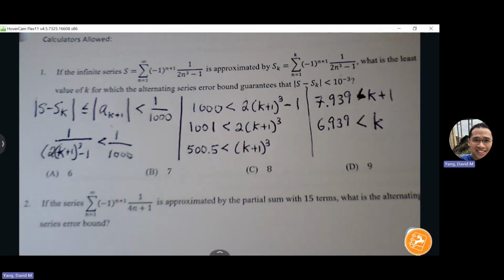So in order for the k plus first term to be less than 1 over 1,000, k has to be greater than 6.939. So the smallest k value is going to have to be what?